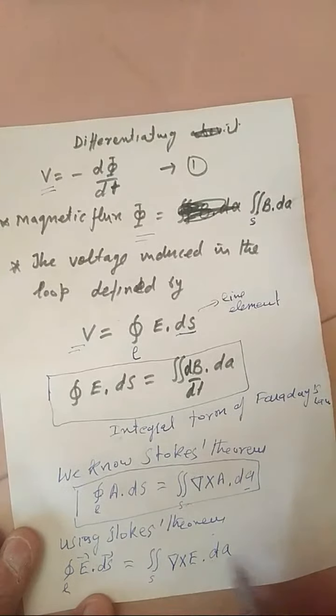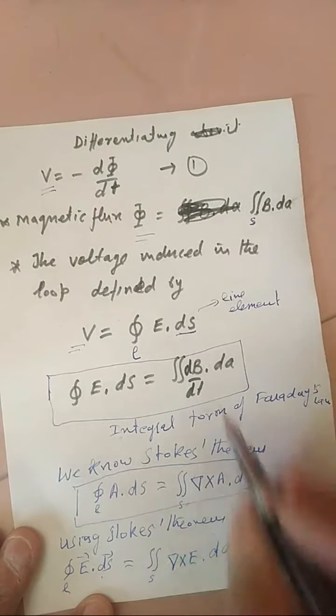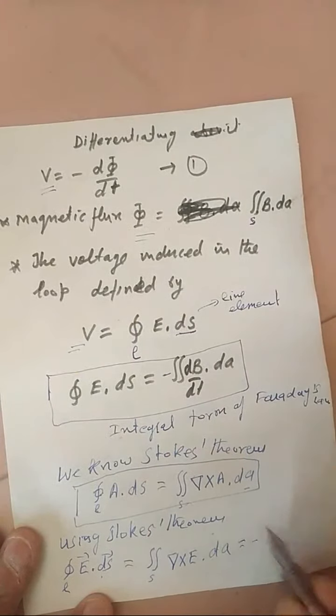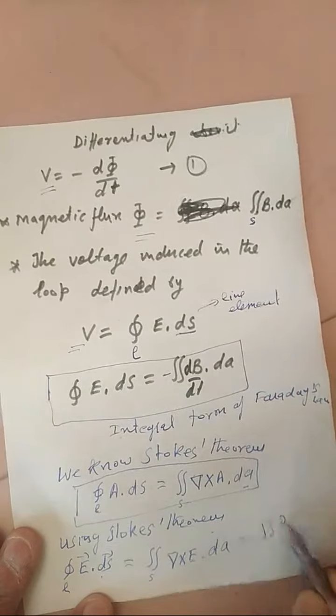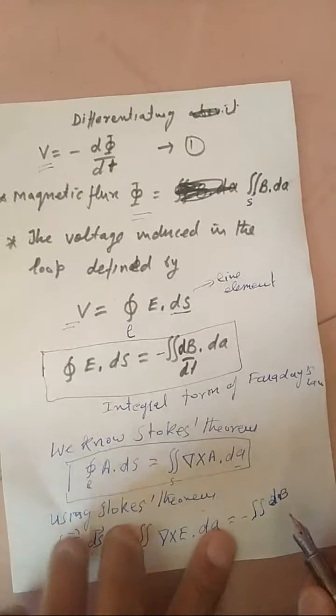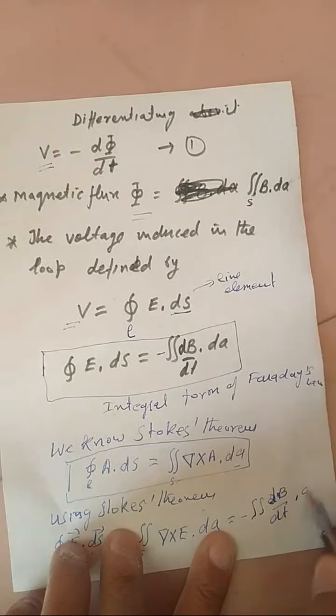And this quantity is equal to minus dB by dt dot dA.